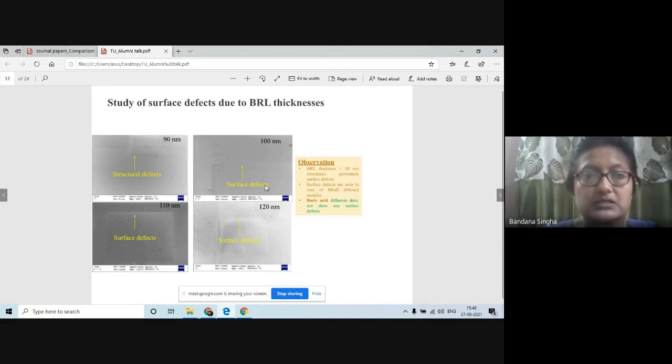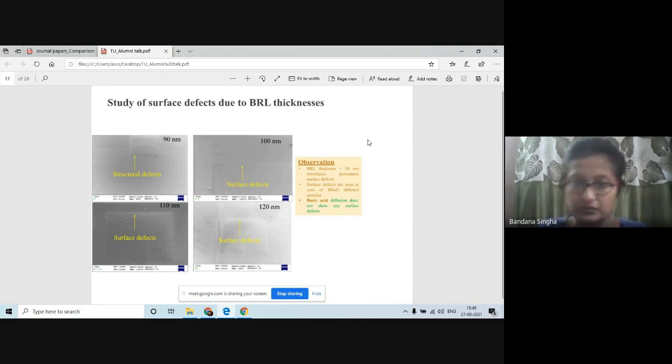These defects are basically due to the mismatch in the thermal expansion coefficient of the boron rich layer and the silicon when we consider the high temperature processes. Generally, the diffusion processes are carried out at temperatures more than 850 degrees or so, and in situ oxidation at 700 degrees Celsius or so.